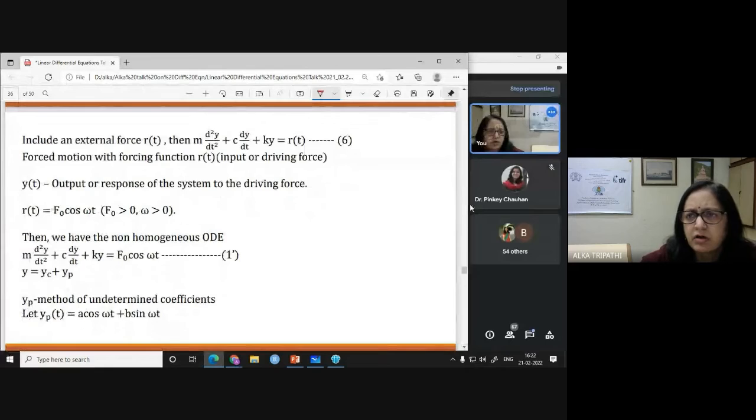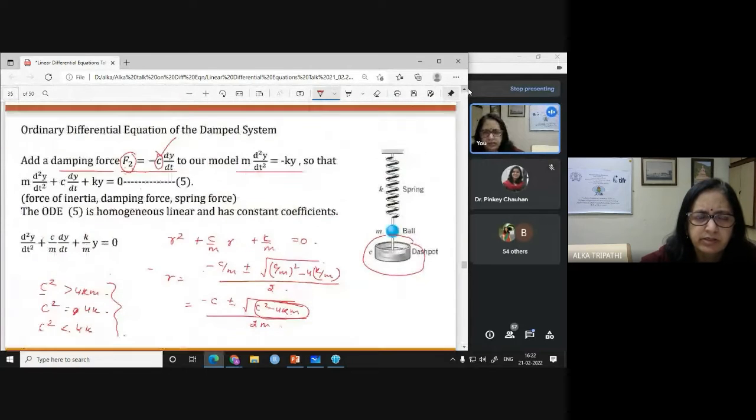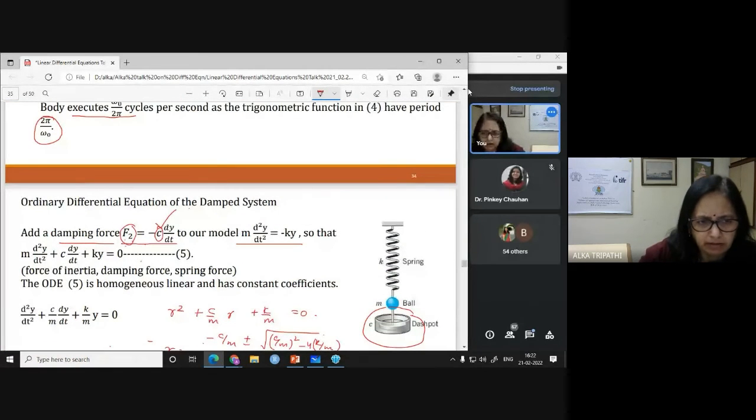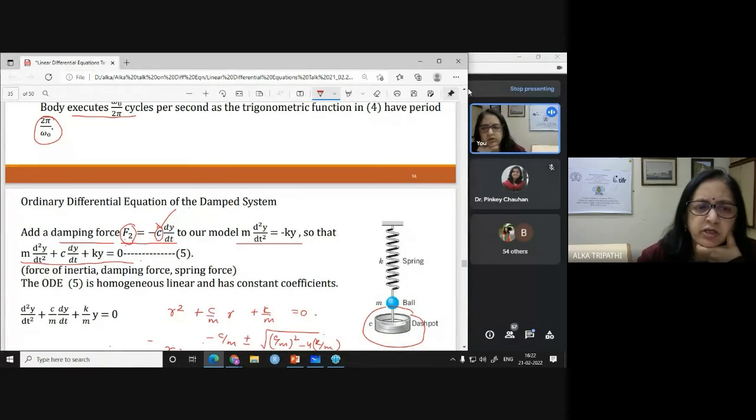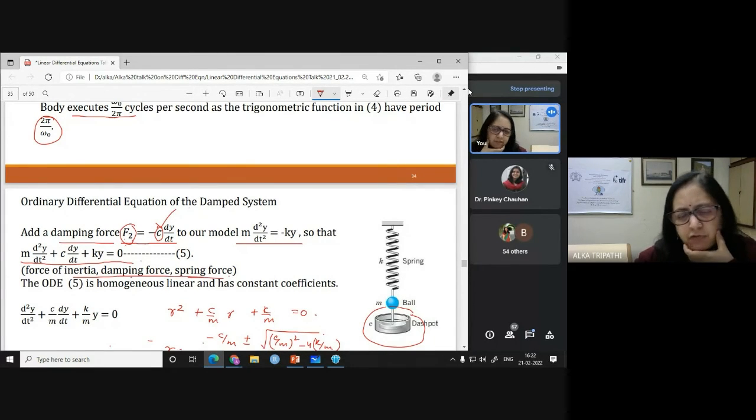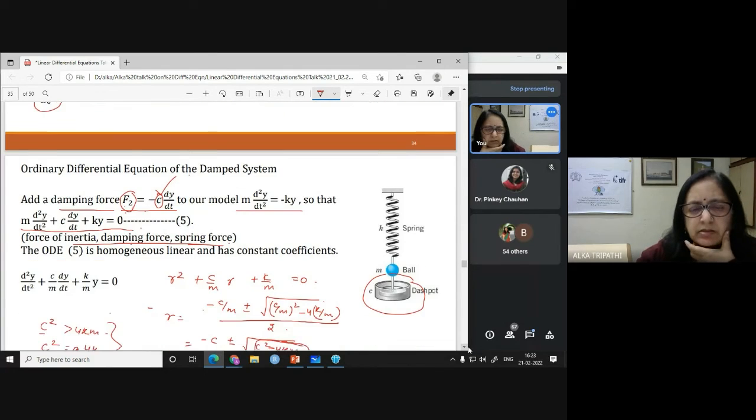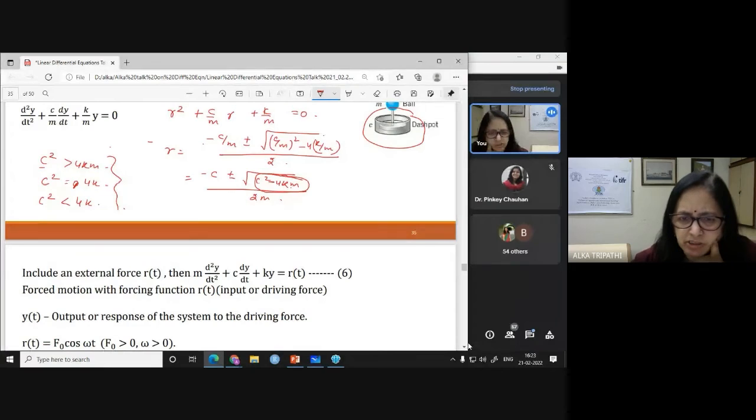So till now, in our system there was only internal force due to inertia, damping, and spring force. Now if we apply an external force, say R(t), on the system, then our equation will be this one.